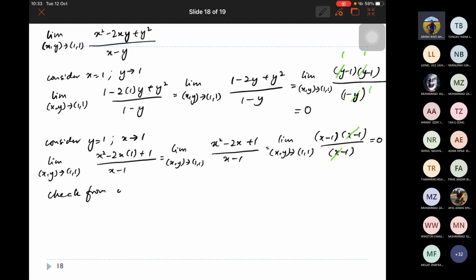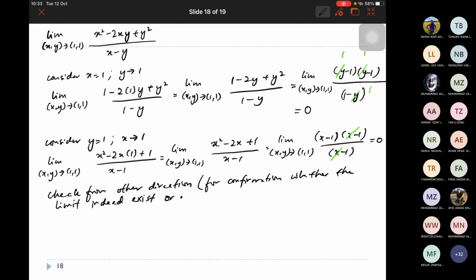So check from other direction, untuk confirmation whether the limit indeed exists or not. So daripada sini let y equal to 2x.